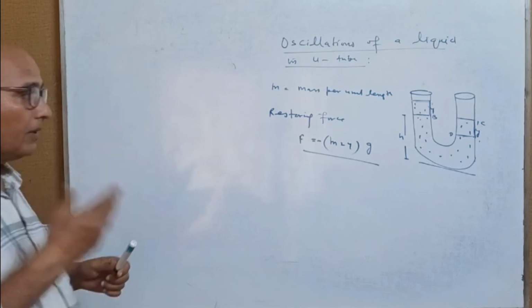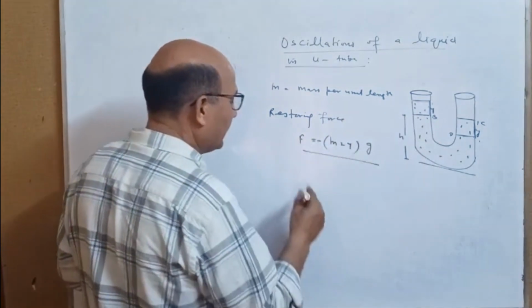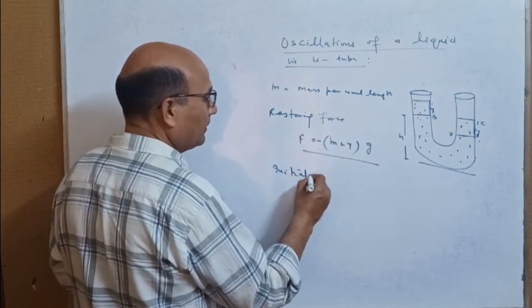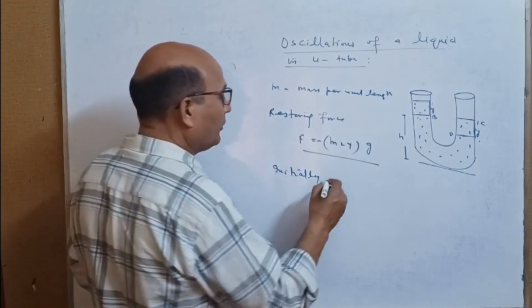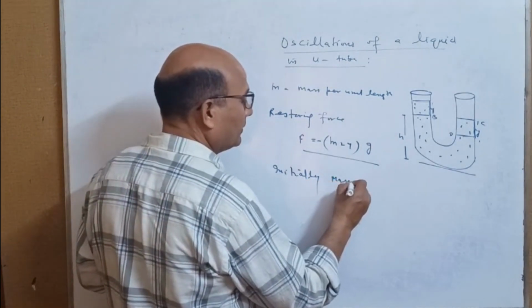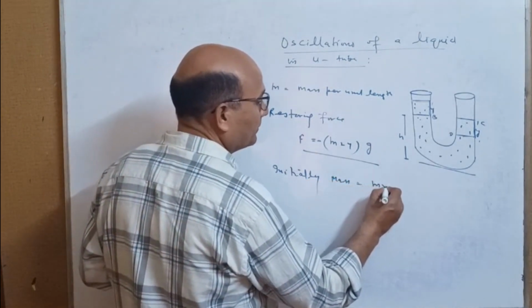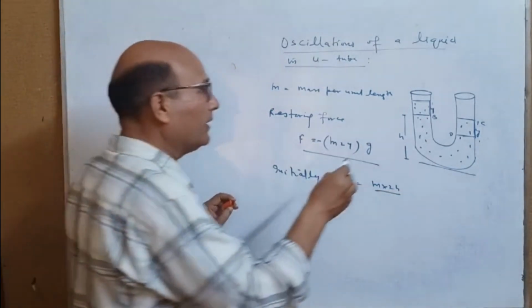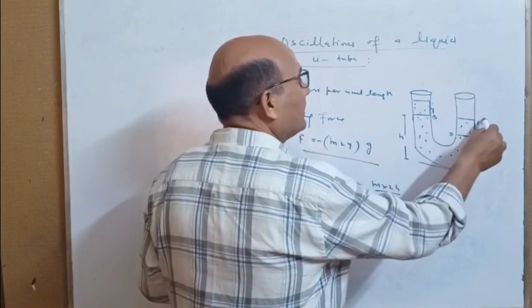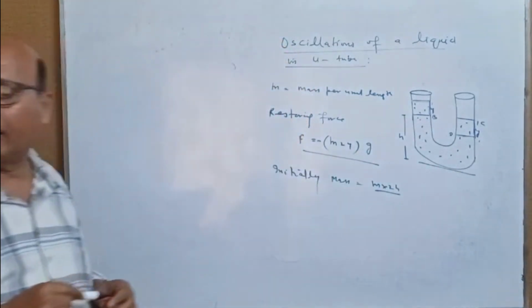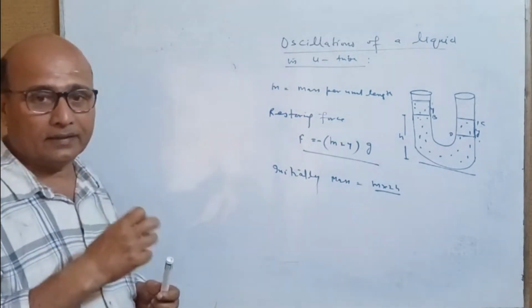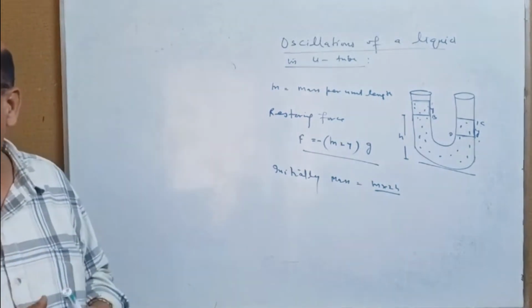Now, what is the initial mass of the liquid? Initially the total mass of the liquid was m into 2h. Why m into 2h? Because the liquid was filled up to the height h on this side and on this side, so 2h is the whole length up to which the liquid is filled.